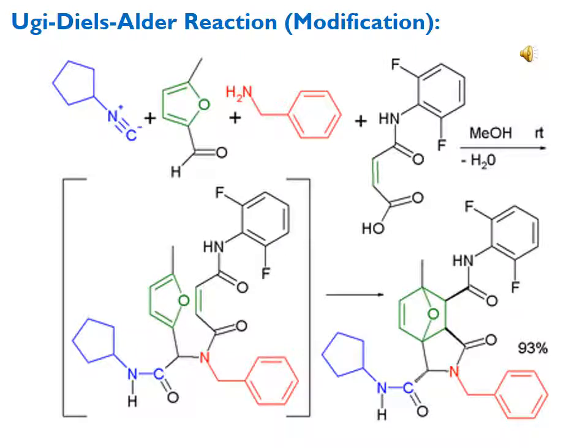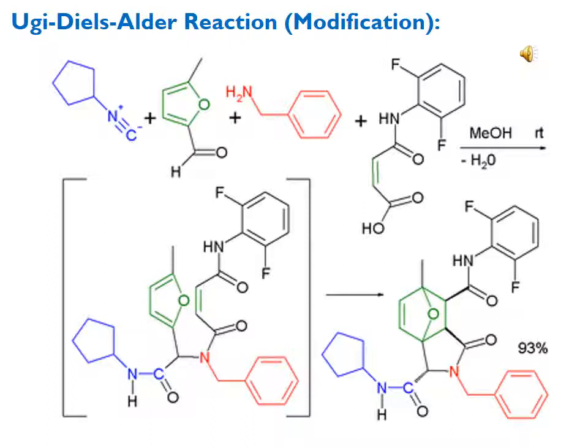Here is a modification of the Ugi reaction, known as the Ugi Diels-Alder reaction. It is termed a modification in the sense that the reaction moves in 2 steps.